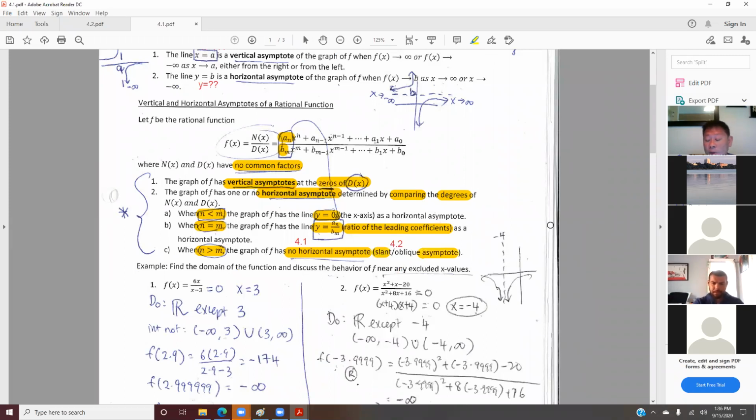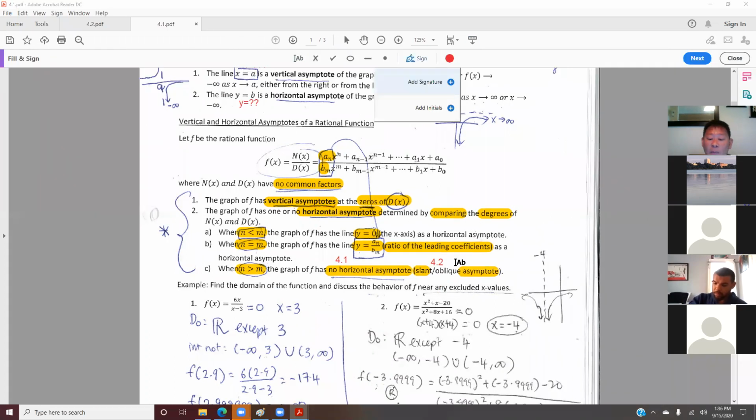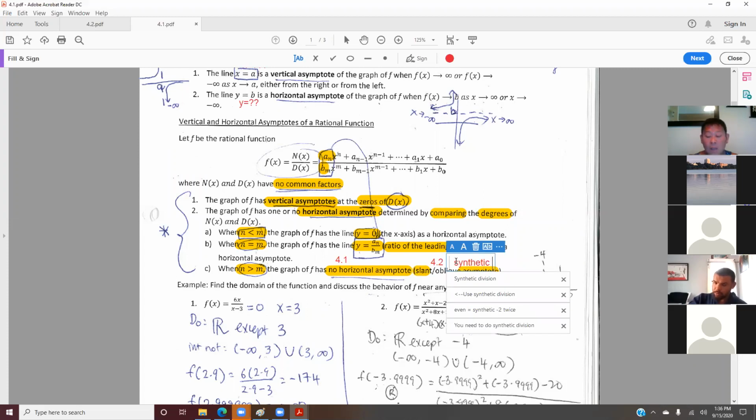So in your 4.1 homework, if this category happens, you say no horizontal asymptote. If you do 4.2, you have to figure out the slant asymptote. How do you find your slant asymptote in this case? You have to use synthetic division. I will explain more about that in 4.2.